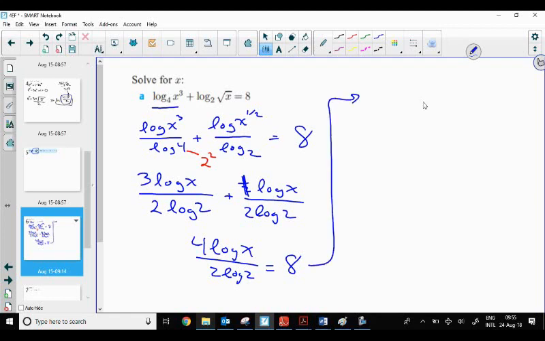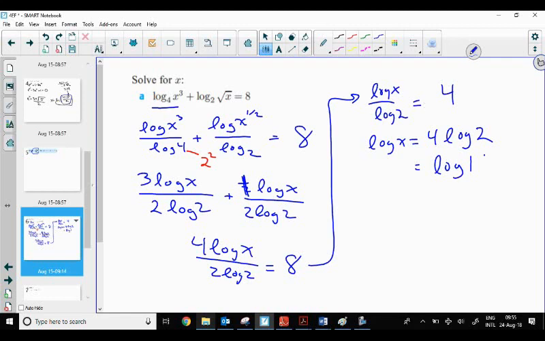We're going to divide the 8 by 2 then, so we'll have log x over log 2 is equal to 4. And then we're going to move that log 2 over, so we have log x is equal to 4 log of 2, but I can rewrite that as log of 2 to the power of 4, which is 16. And from here, since log of x is equal to log of 16, that means that x must be equal to 16.